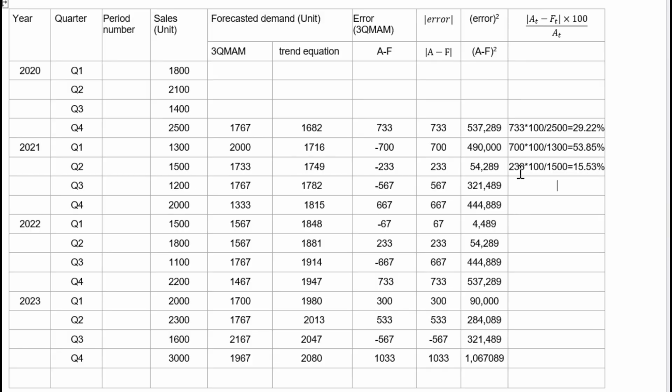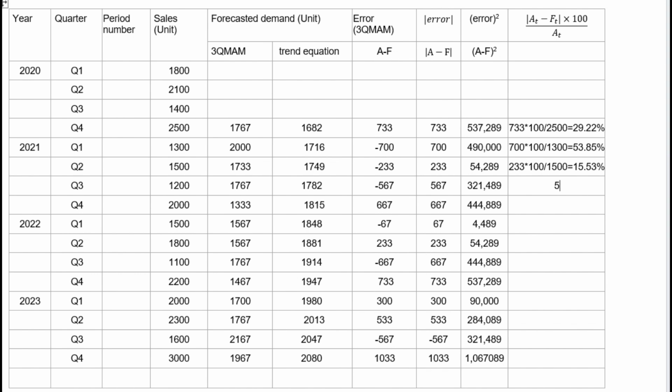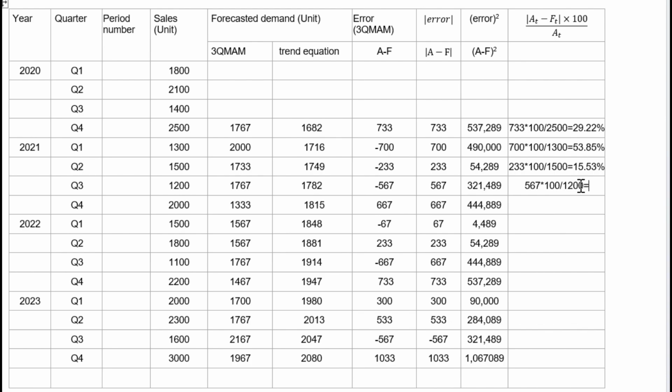For the next period, the absolute value of the error, 567, multiplied by 100 divided by the actual sales, 1,200. This is equal to 47.25%. The same we will continue for all periods.